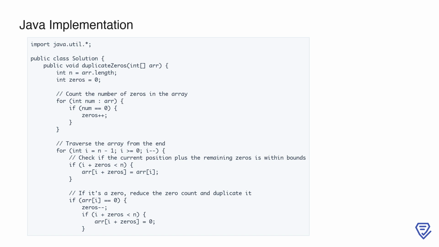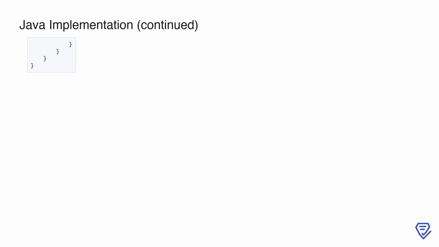Now, when the current element is a 0, we decrement the zeros counter and prepare to duplicate it by placing another 0 in the shifted position, ensuring it's still within bounds. Finally, the code checks if the zero duplication is within the array's bounds and places the duplicated 0 appropriately. By continuing the loop in reverse order, we ensure that all elements are shifted and duplicated correctly without overwriting any data prematurely.